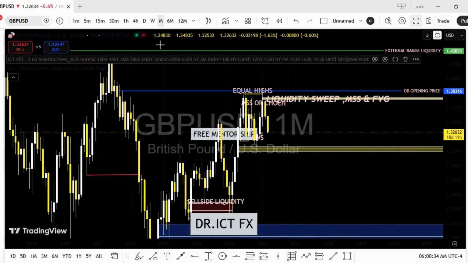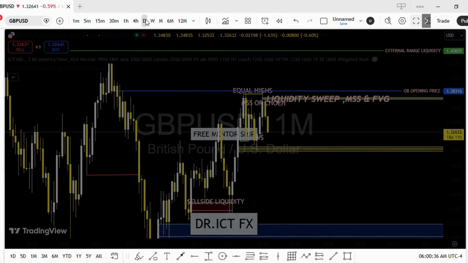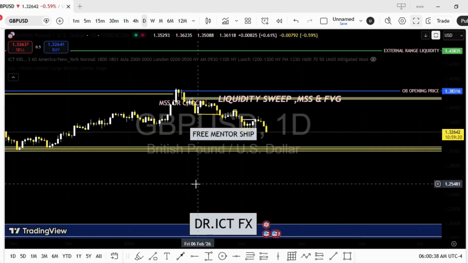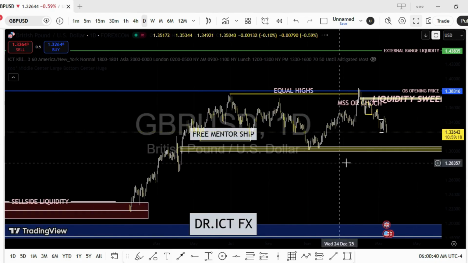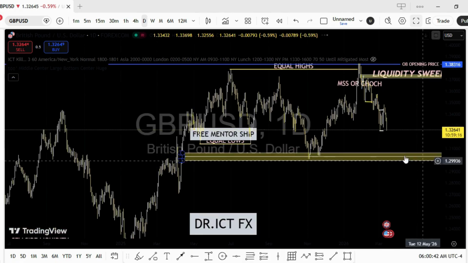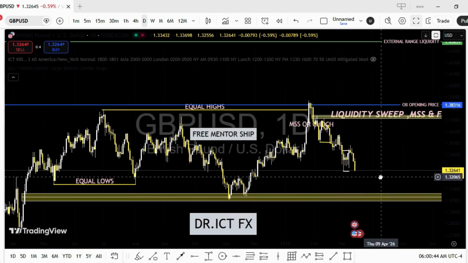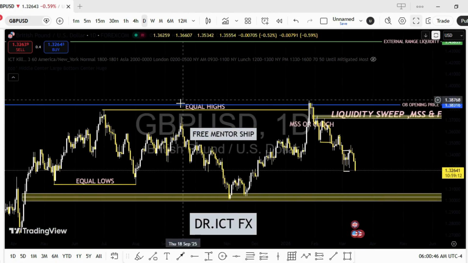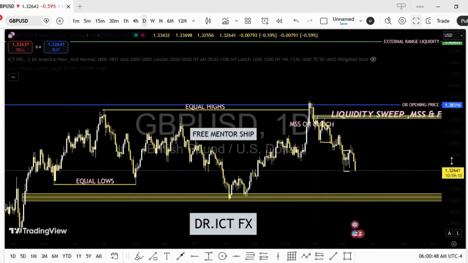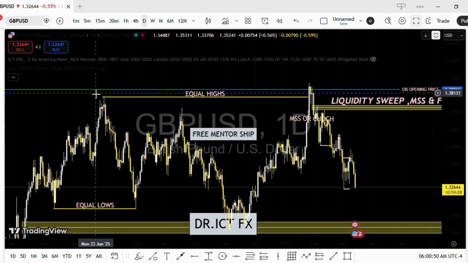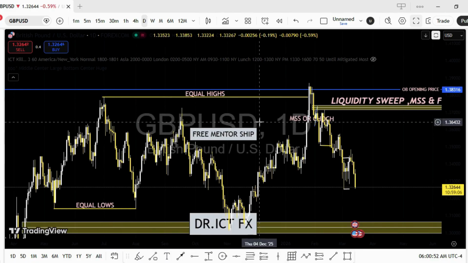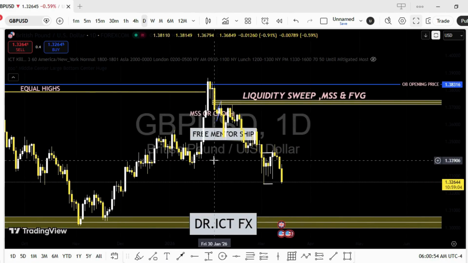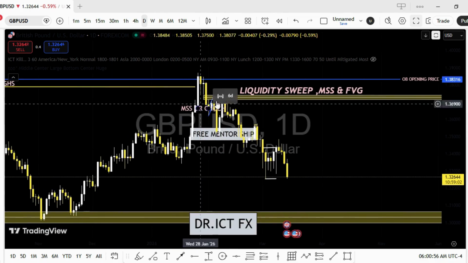So when I go back to the daily, I've told you from the monthly you go to the daily. So what normally supports price? We said that after you tap into your order block in the deep premium zone and also sweep liquidity above relatively equal highs, these are the relatively equal highs, we see that price shifted to the downside.